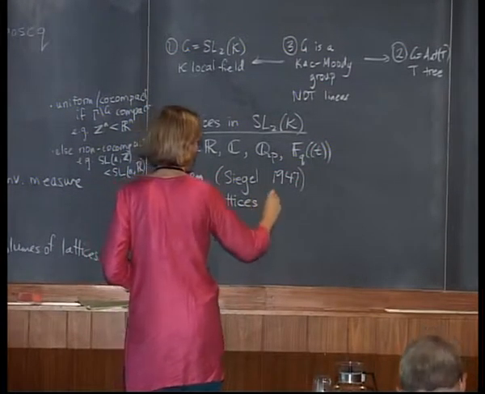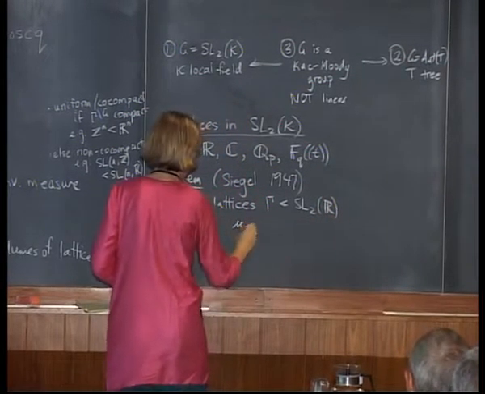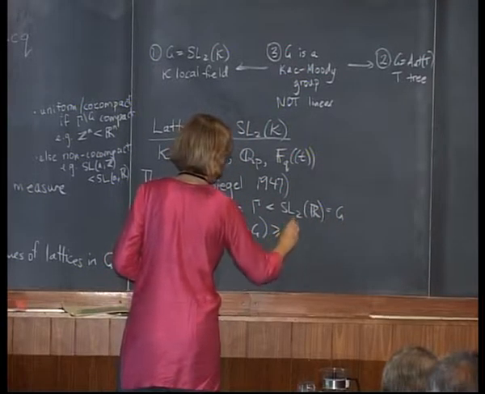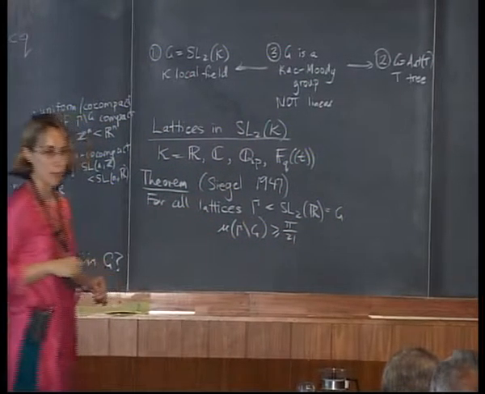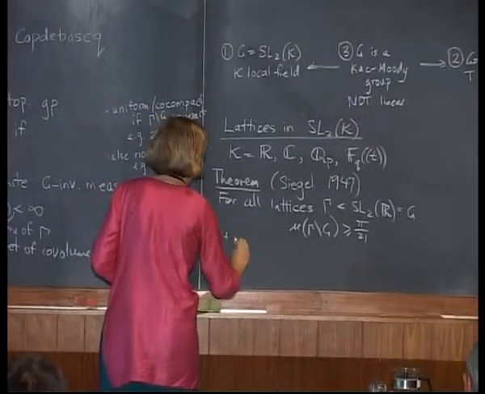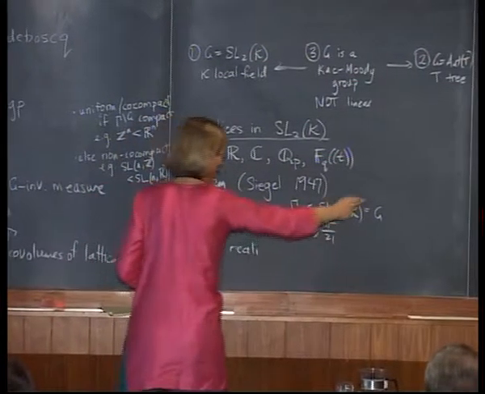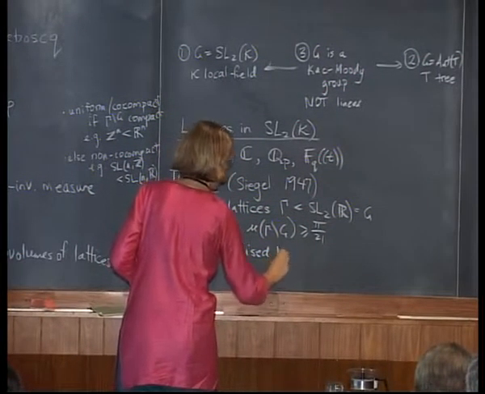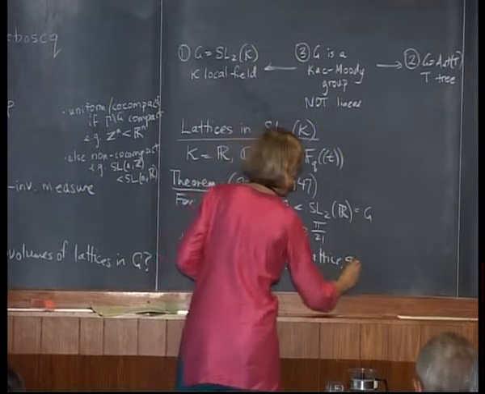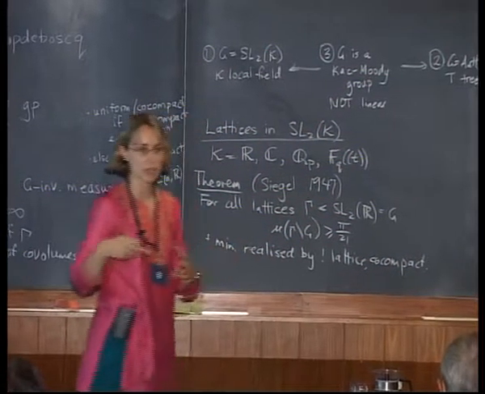if I have any lattice in SL_2(R), its co-volume, so let's call that Gamma, is bounded below by pi over 21, and this minimum is actually realized by a co-compact lattice, which is unique up to conjugacy in G. And that lattice is the (2,3,7) triangle group.